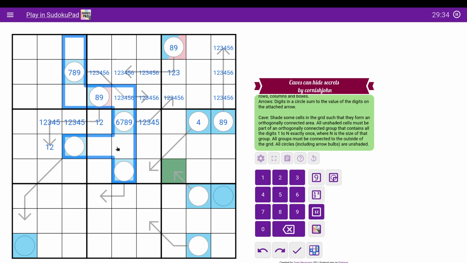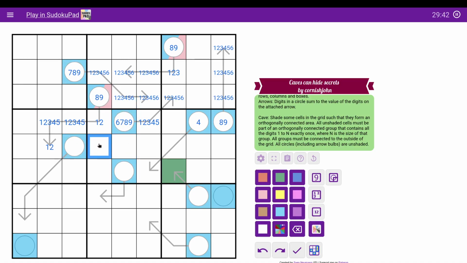This is the most efficient possible connection. That's 10 digits. So that's unshaded. Great. Or that's shaded. So if this is unshaded, that's 8 digits. But it does make this distinct from these. So it's 7 or less. That's not hard to do.